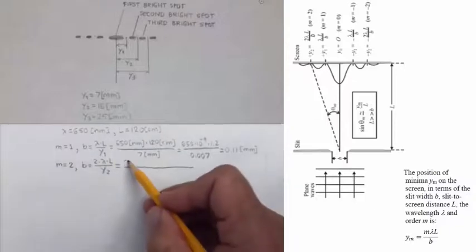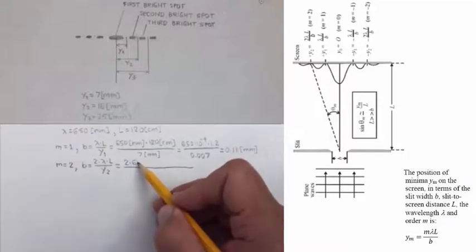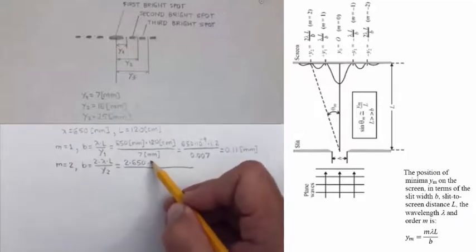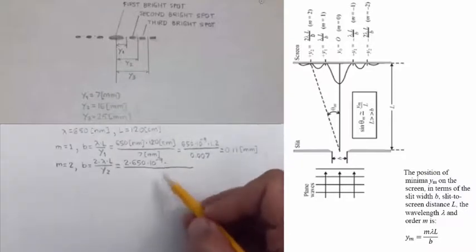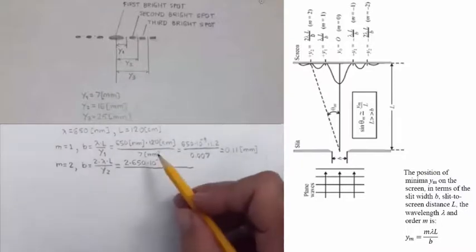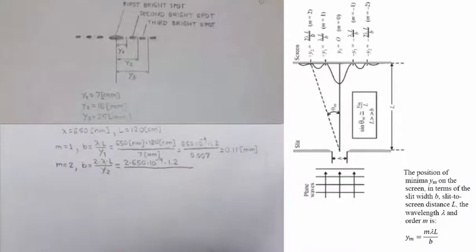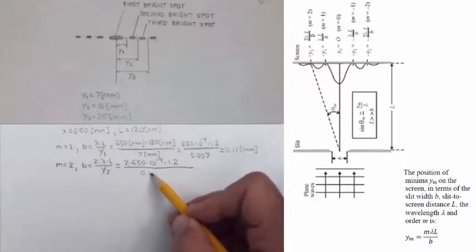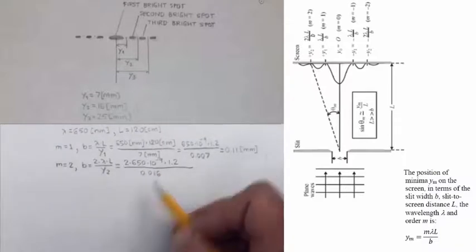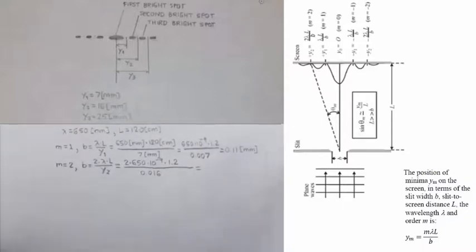So we have 2 times 650 nanometers, which is equal to 650 times 10 to the negative 9 meters, multiplied by L, which is 120 centimeters or 1.2 meters, and finally y2, we measured it to be 16 millimeters, which is equal to 0.016 meters. And again, here we're going to use our calculator.